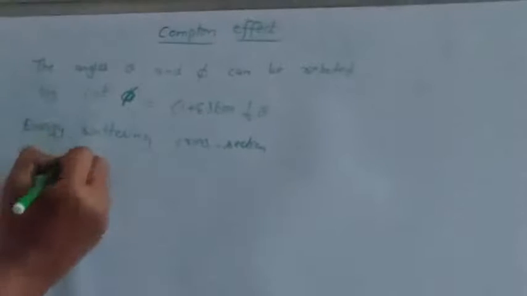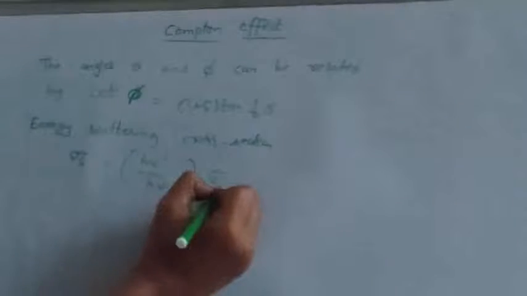The energy scattering cross section is denoted by sigma s equal to h nu dash by h nu into sigma c. Here the energy absorption cross section is denoted as sigma.